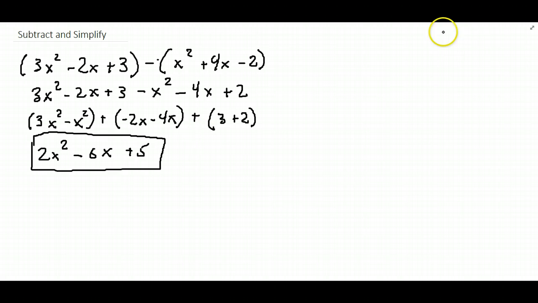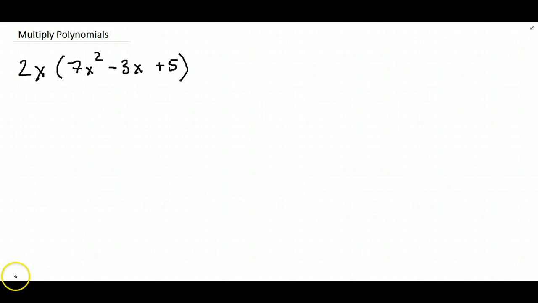Okay, so the last thing we're going to talk about is multiplying polynomials. When we multiply a polynomial, we have to use the distributive property. So if we have a problem like 2x, open paren, 7x squared minus 3x plus 5, close paren, we have this 2x outside of our parentheses. So we need to distribute that to everything inside of the parentheses.